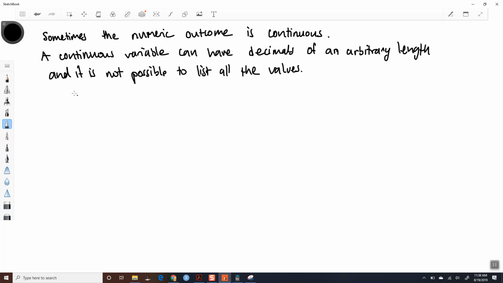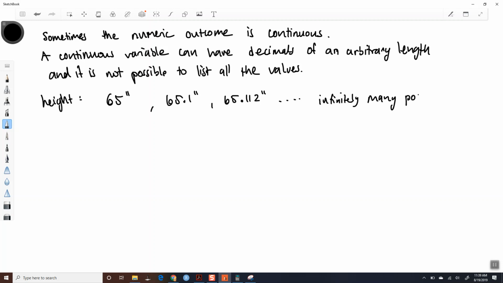So, for example, height. Let's just say somebody could be 65 inches, and you can have 65.1 inches and 65.112 inches, etc., etc., etc. There's infinitely many possible heights.